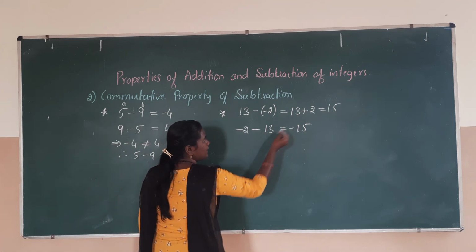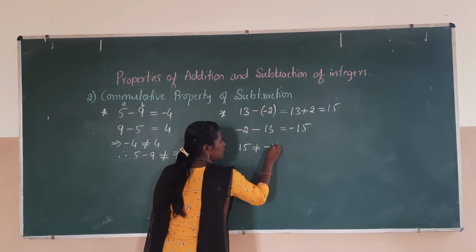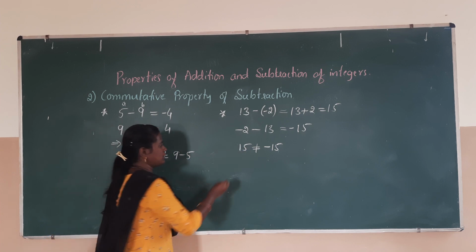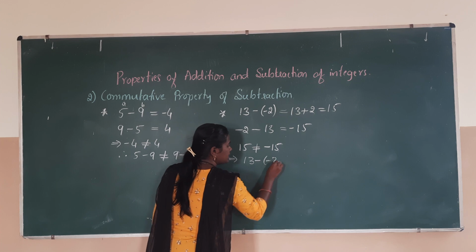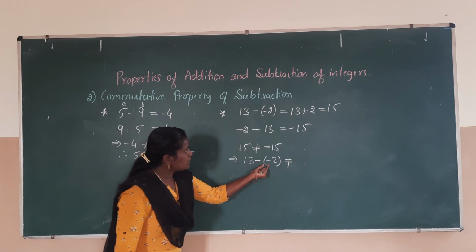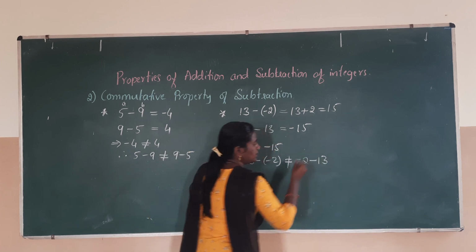Now if you compare the difference of those two, 15 is not equal to minus 15. That implies 13 minus of minus 2 is not equal to minus 2 minus 13.